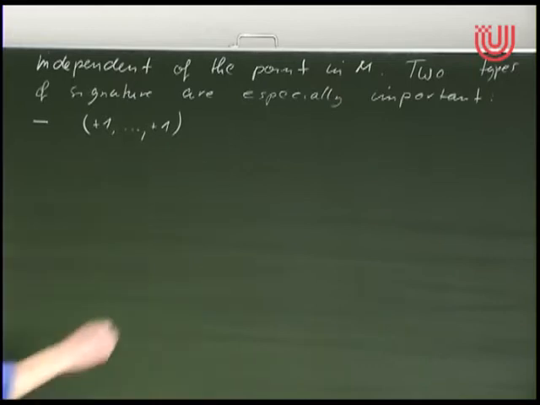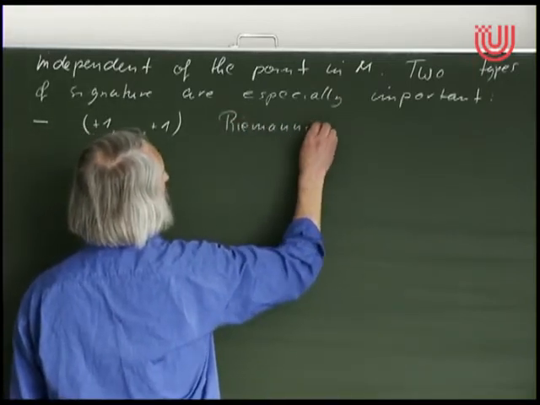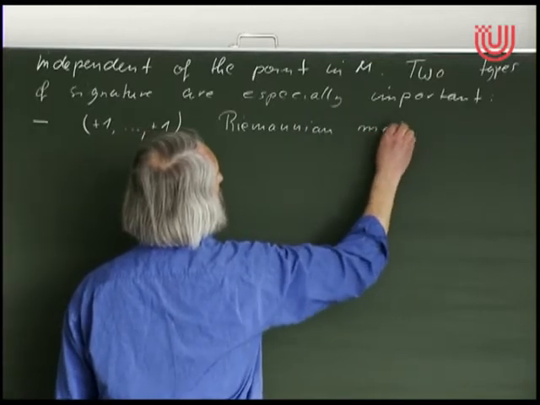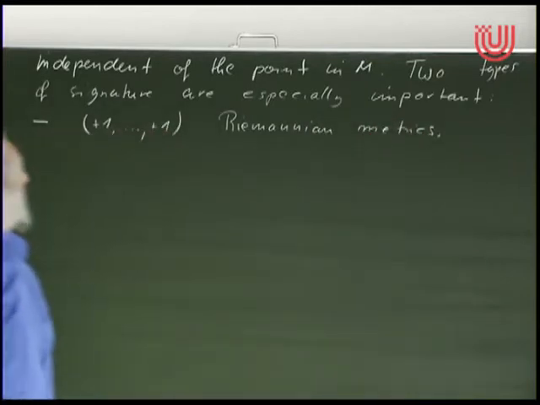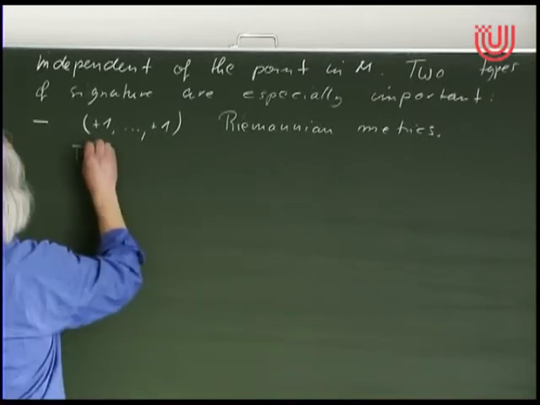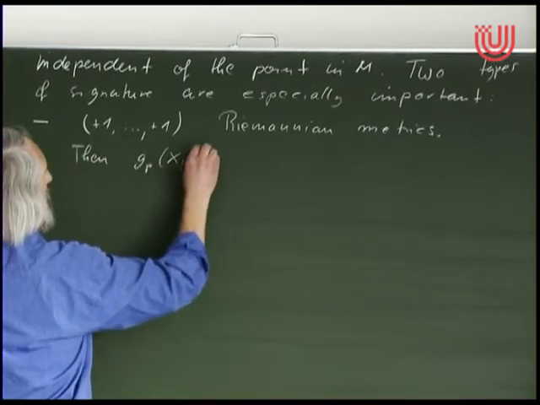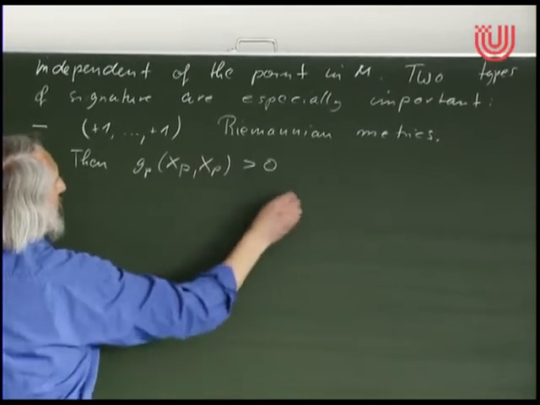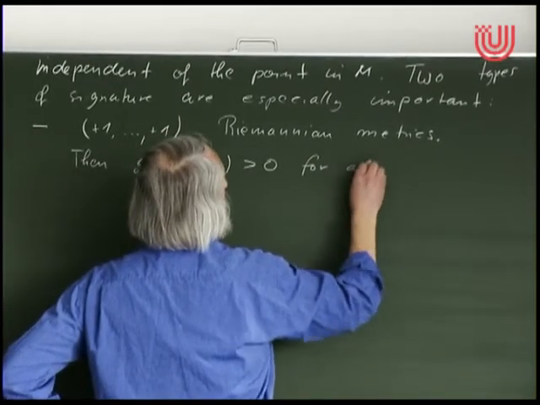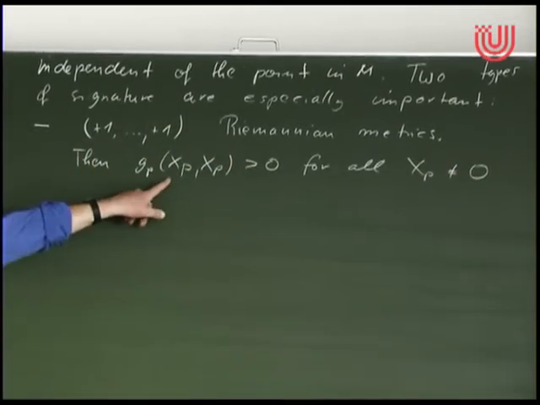That's what we call Riemannian metrics. This means that g_p(X_p, X_p) is bigger than 0 for all X_p which are not the 0 vector. For the 0 vector, of course, I get 0, right?